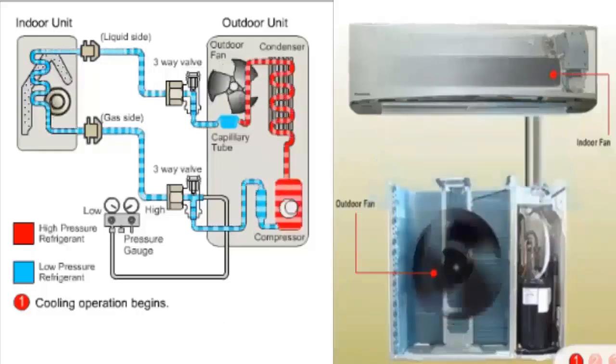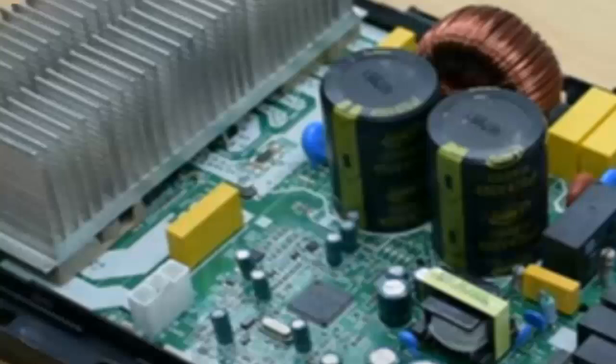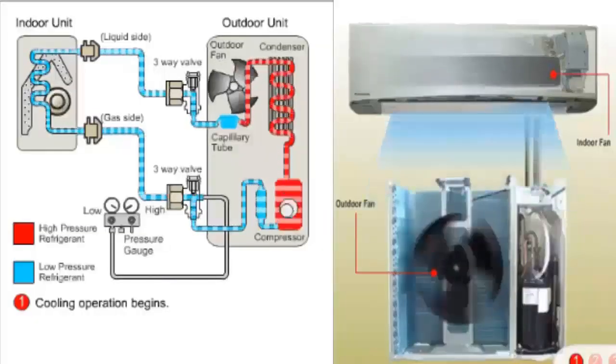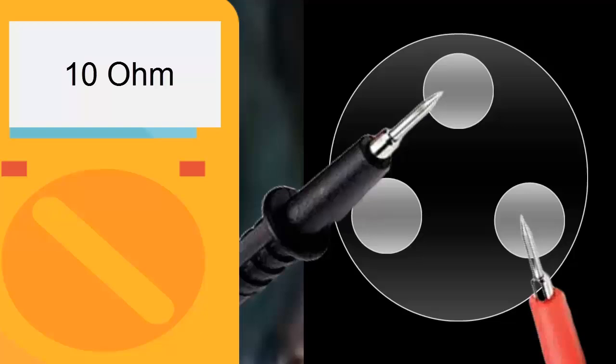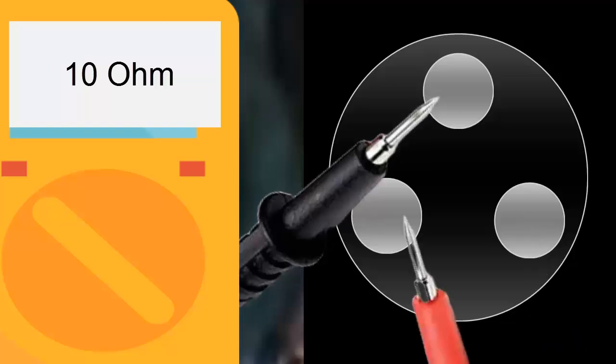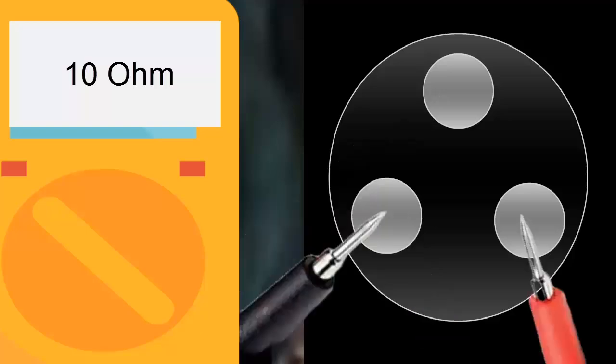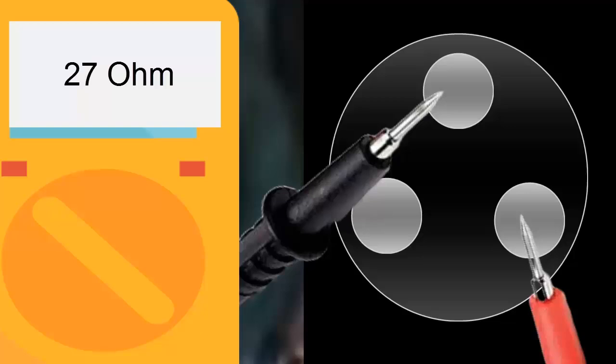With the unit disconnected, focus the diagnosis on the outdoor unit and disconnect the compressor's power supply. 4. Using a multimeter on the ohm scale, measure the resistance between pairs of pins. The resistance values should be practically the same. 5. If the resistance values do not match, replace the compressor.